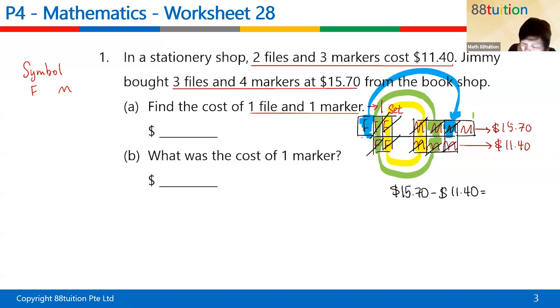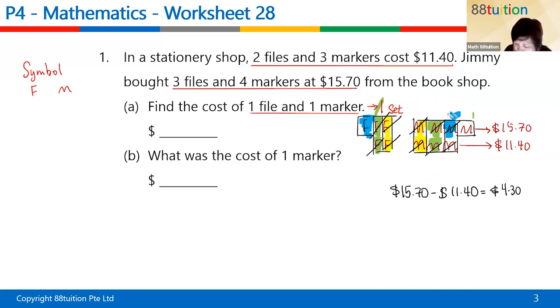Okay, after minusing, what is left here? If you use your minusing, you should get $4.30, I think. And this $4.30 is left over for which one? For 1F and 1M.